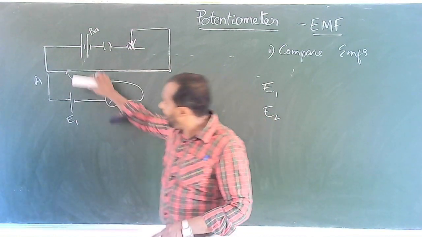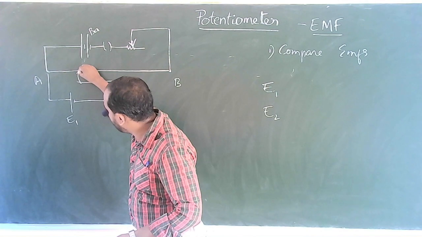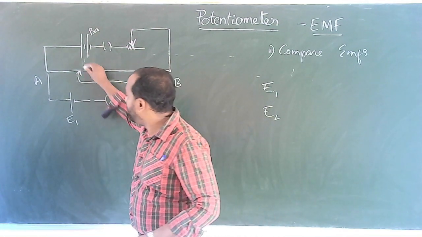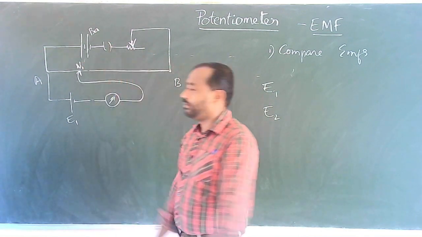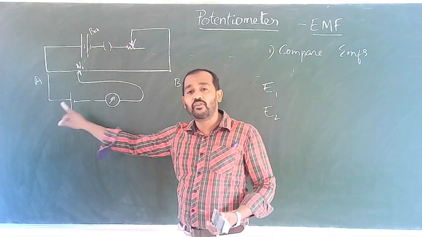Imagine that at some point somewhere here, the deflection becomes 0. That is the null point. I will call it N1. It is the null point obtained for the cell of EMF E1.